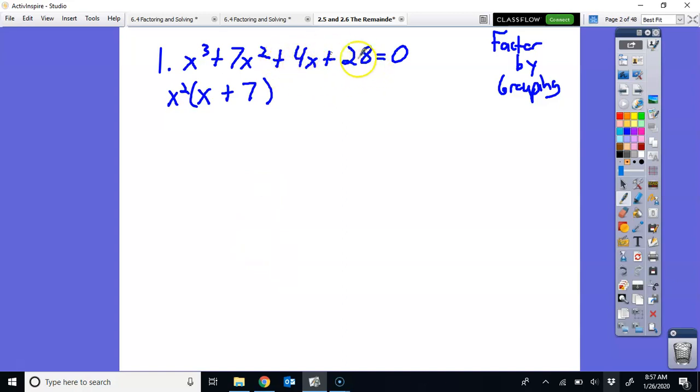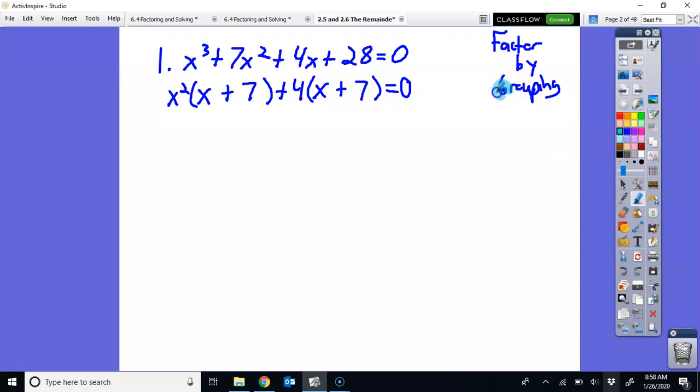Then we look at the second group. The second group, you can divide a positive 4 out of both of these. When I say dividing a positive 4 out, the reason I put the plus 4 is for my next step, really. But it's also reminding myself I'm dividing by positive 4. 4 divided by 4 is 1x. 28 divided by 4 is plus 7.